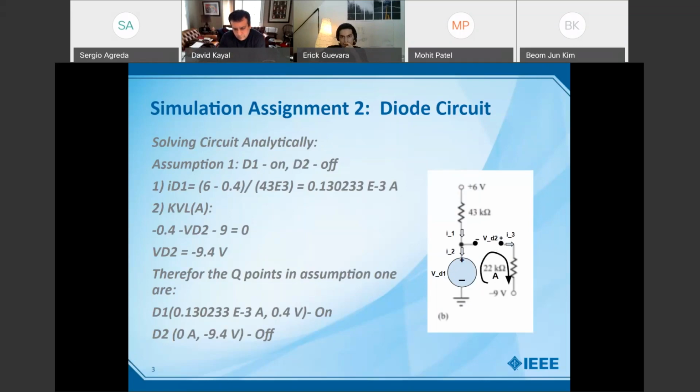But in real life, it doesn't behave as a source of power. It consumes power. Diodes consume power. But we see it in this way to analytically solve circuits like this.